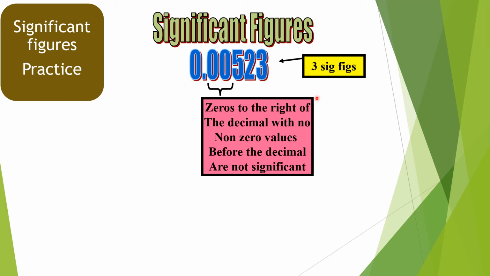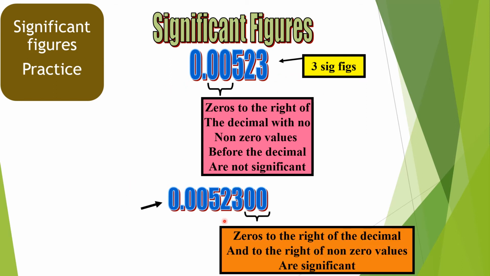In number 0.0052300, there are 5 significant figures. Here, zeros to the right of the decimal and to the right of non-zero values are significant. We discussed this point in the previous slide. So in this number, we count 52300 as significant figures, and we have 5 significant figures in this number.